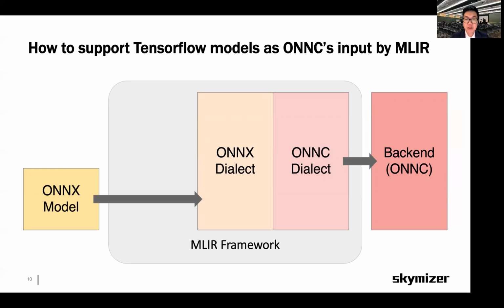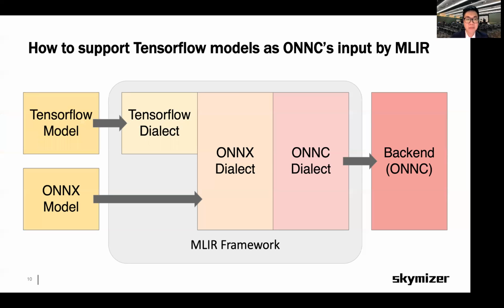But in the next version, we wanted to support TensorFlow models. What we have done is implement the TensorFlow dialect, and also implement the lowering between the TensorFlow dialect and the ONNX dialect. By doing so, we not only support ONNX models, but also TensorFlow models.